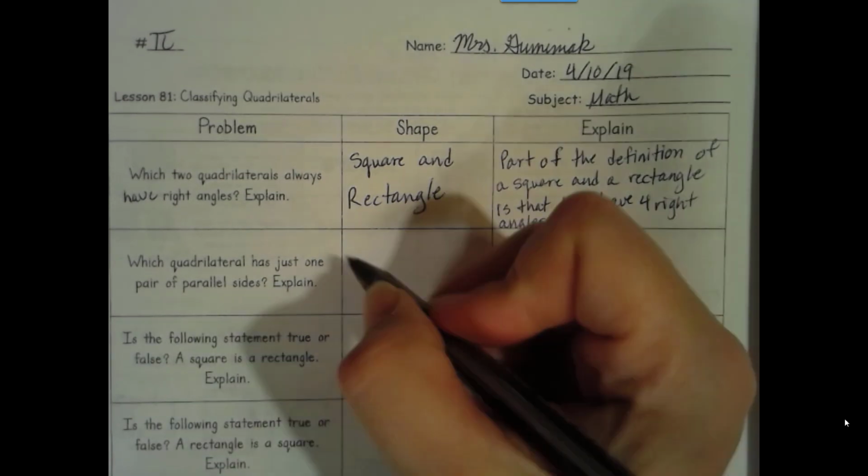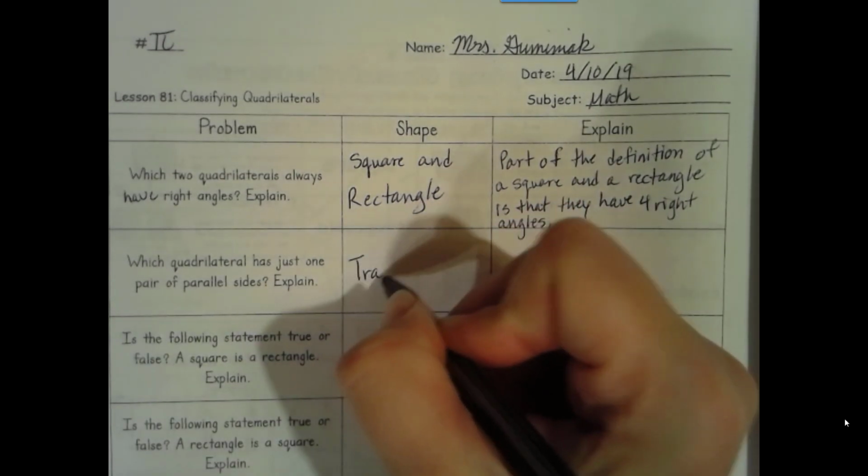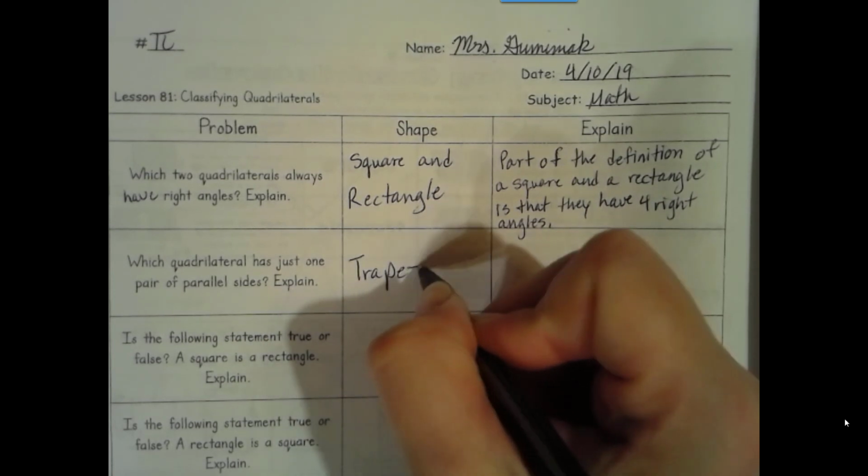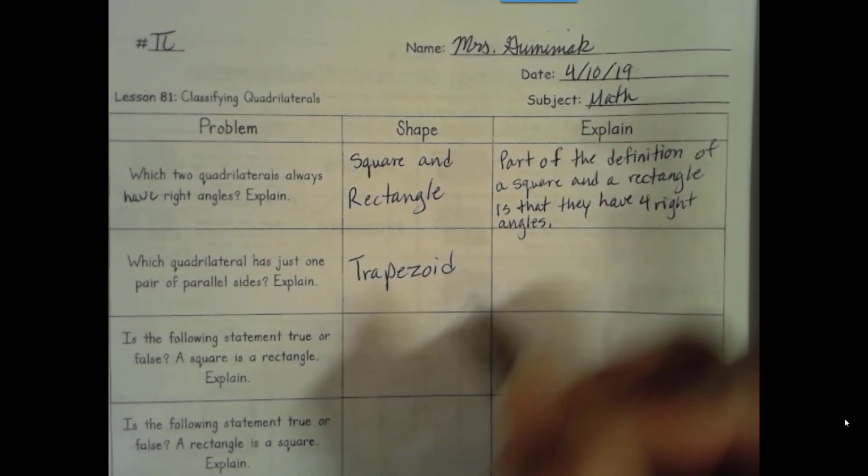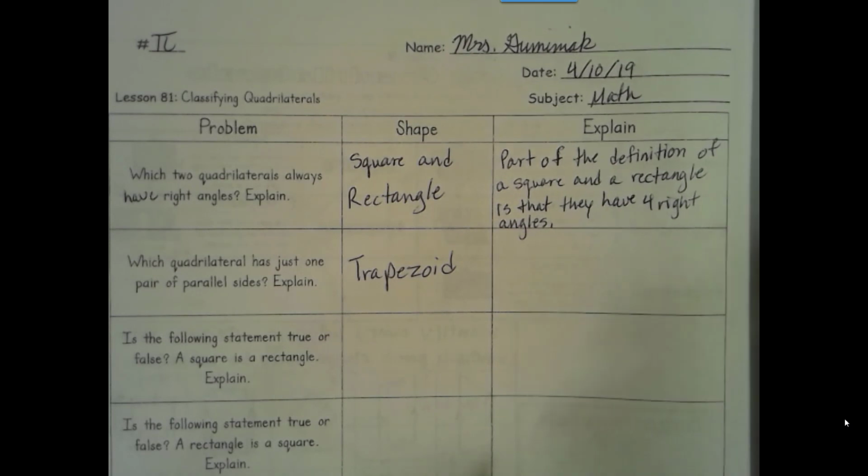Which quadrilateral has just one pair of parallel sides? Explain. So trapezoid has the one pair of parallel sides.